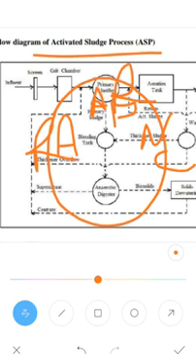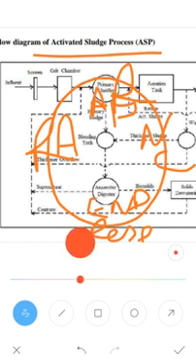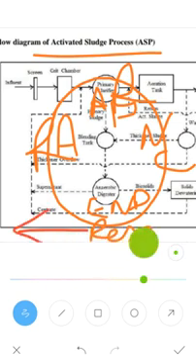Here endogenous respiration will take place, releasing carbon dioxide. The excess sludge will be removed.